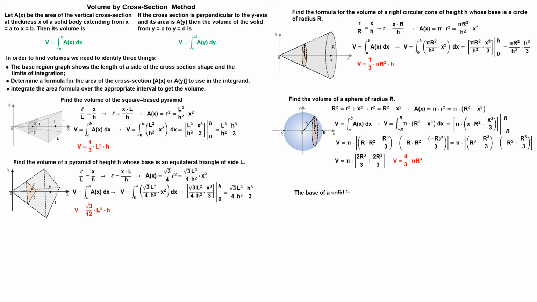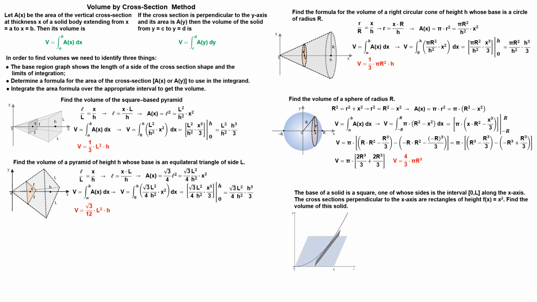The base of a solid is a square, one of whose sides is the interval from 0 to L along the x-axis. The cross-sections perpendicular to the x-axis are rectangles of height y equals x squared. Find the volume of this solid.